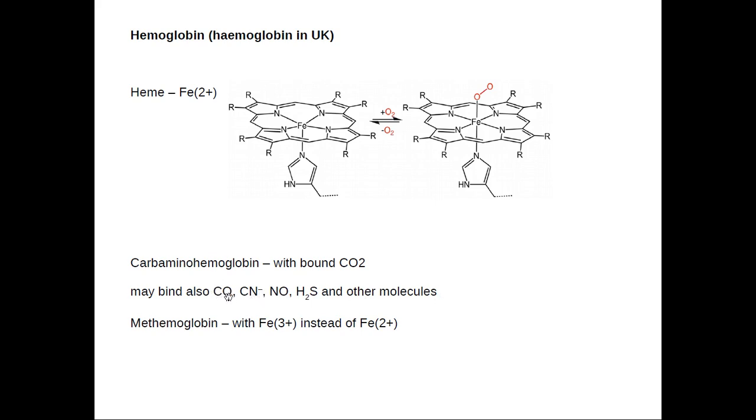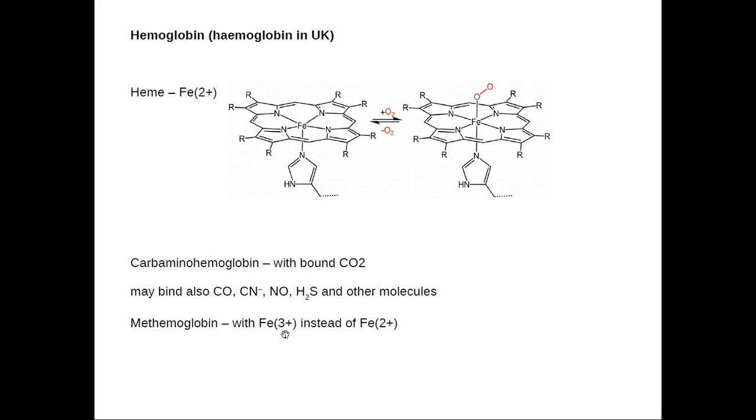Or carbon dioxide blocks hemoglobin, and it causes both a lack of delivery of oxygen, as well as delivery of carbon dioxide to the respiration chain, where it also has a toxic effect.